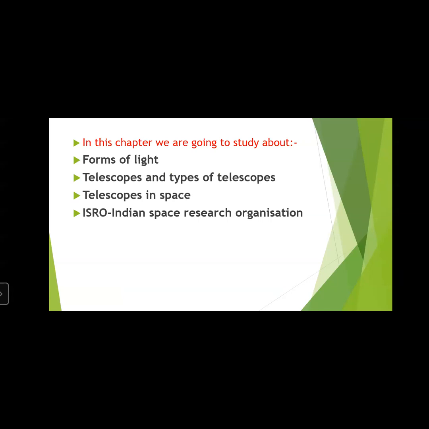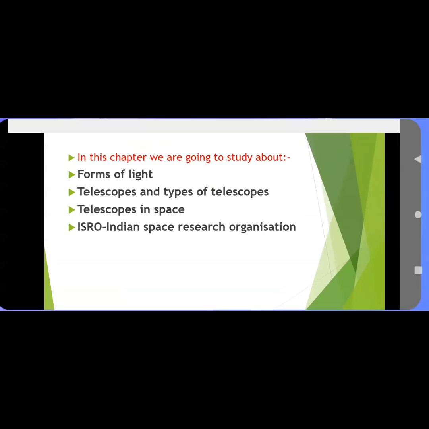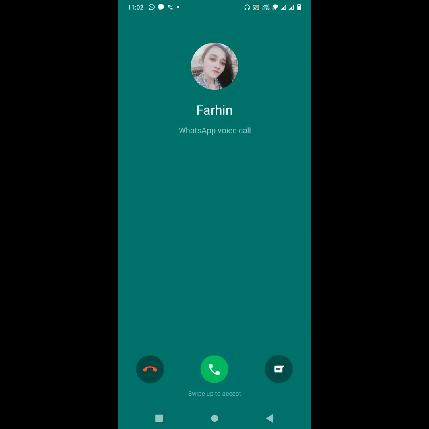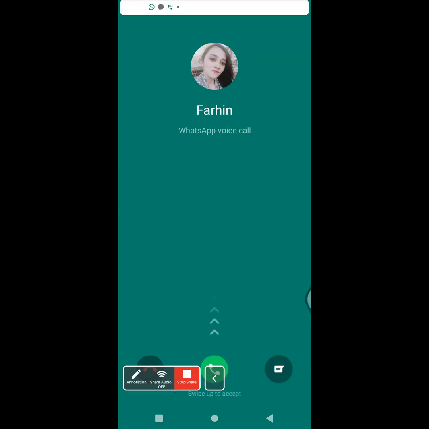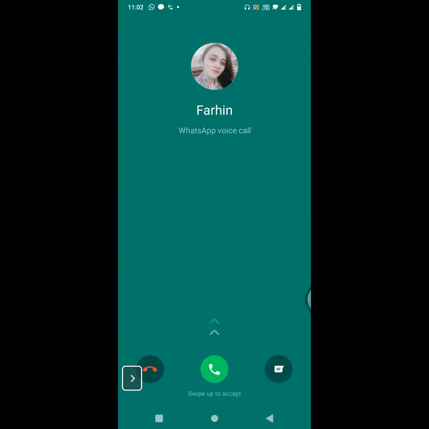Can you recall what is the difference between sky and space? See this picture we see every day, that we call the sky. So let's see what actually is the definition of the sky.